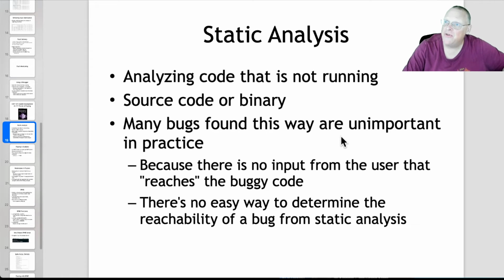But it might turn out that all the data used in that SQL statement is always fixed, and the user doesn't control it, so there's no way for anyone to inject dangerous characters into it. So even though in principle that one line is not perfect, in practice it's not an exploitable vulnerability. So this is the problem with static analysis. You might waste a lot of your time fixing bugs that in fact don't really matter.